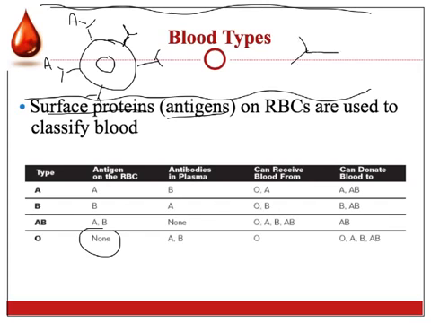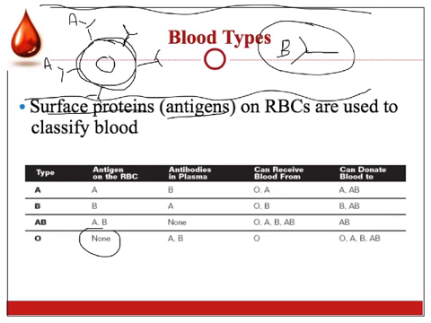So if my red blood cell had A-type antigens on it, it would have B-type antibodies in the blood. So now, if some foreign substance or B-type red blood cells ever got into this blood, this antibody would then attack B-type blood. So if you have A-type blood, you have antibodies that will attack B-type blood.